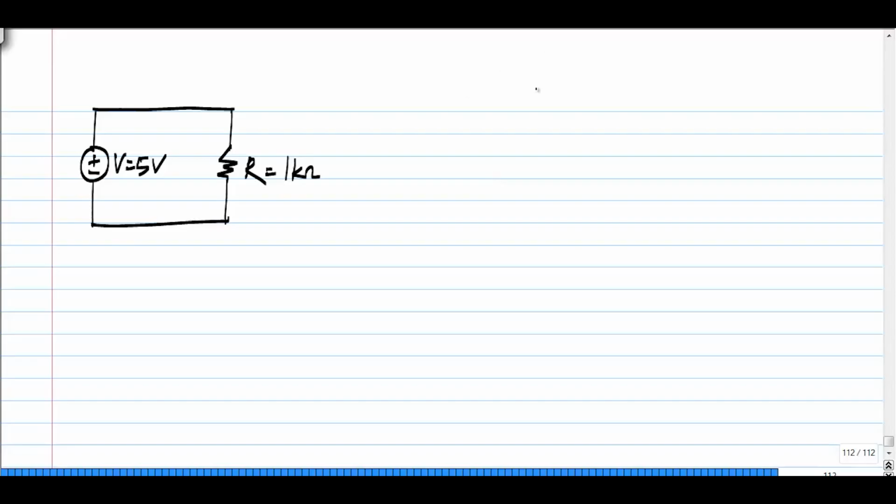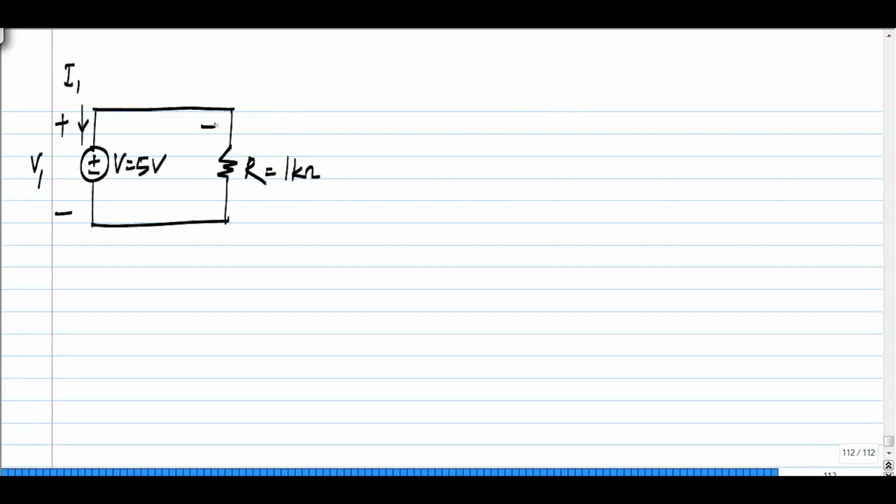So, now what I will do is, I will define the voltage across the voltage source to be V 1, and I will use the correct passive sign convention for V 1 and define I 1 this way. So, V 1 is the voltage across the voltage source, I 1 is the current through the voltage source, and it is clear that I have chosen passive sign convention for this.